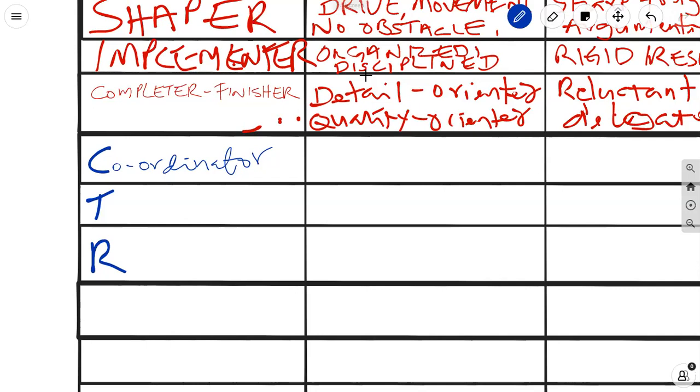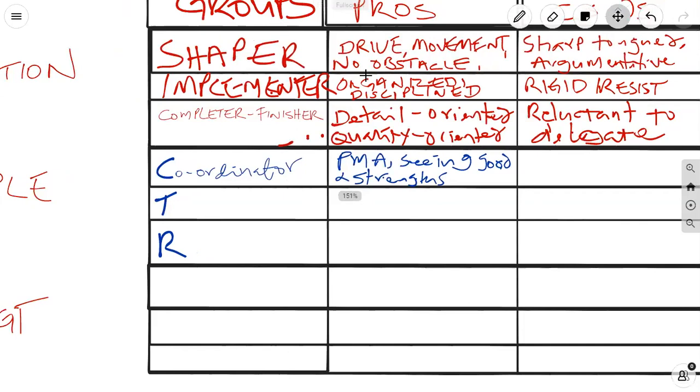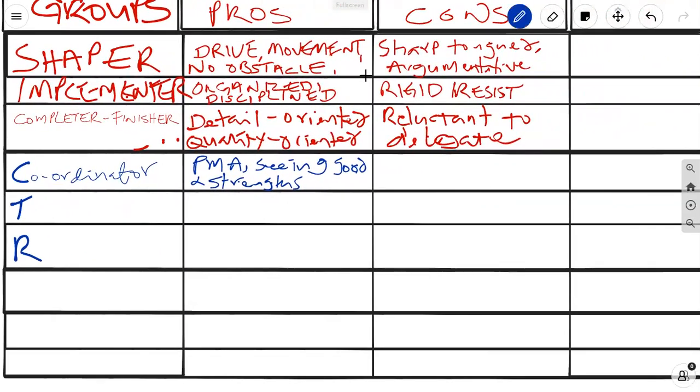Now, while that is good, having a PMA and while seeing the good and strength in everyone, and while being objective, they got to make sure that they're not too objective, because one of the things they could do is they could delegate to a fault.